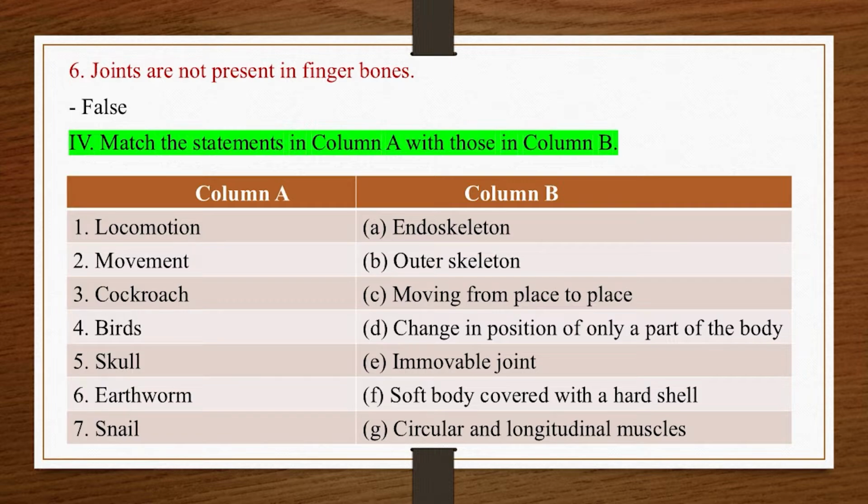Column B: A. Endoskeleton. B. Outer skeleton. C. Moving from place to place. D. Change in position of only a part of the body. E. Immovable joint. F. Soft body covered with a hard shell. G. Circular and longitudinal muscles.